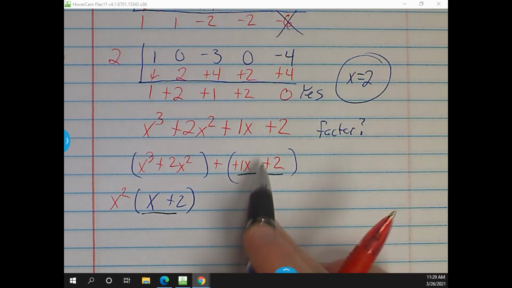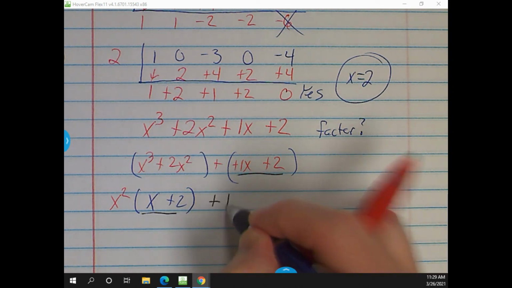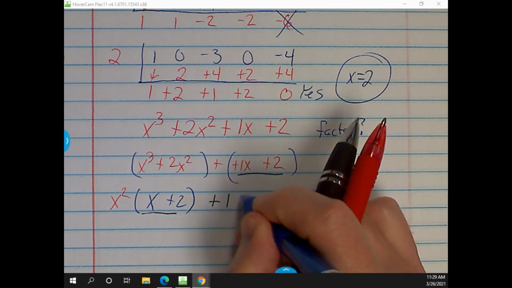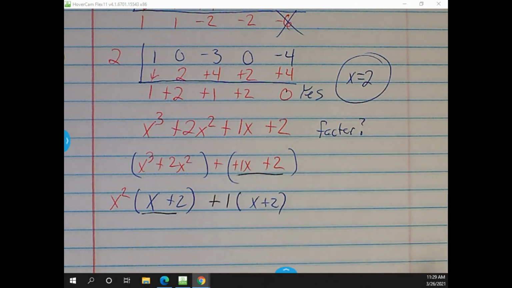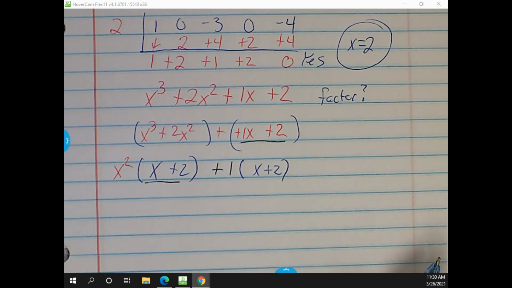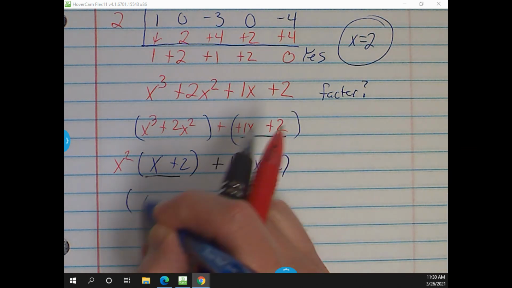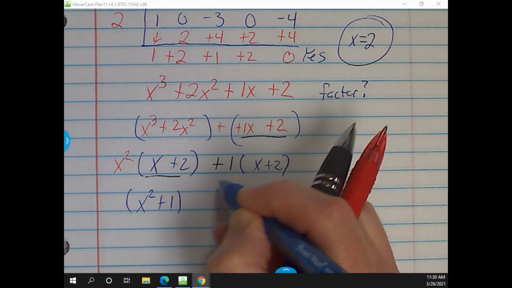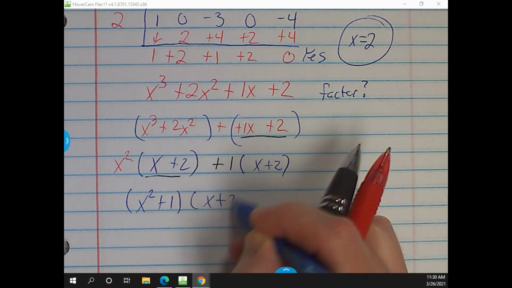If this is already the same as what this one is, then basically you just go back and take out a 1. That would be your greatest common factor. Okay, so then the first parentheses will be x squared plus 1, pulling these two numbers down. The second parentheses will be the x plus 2.